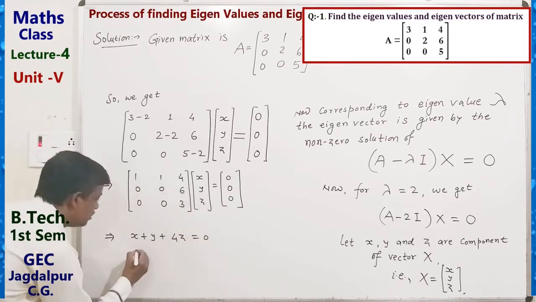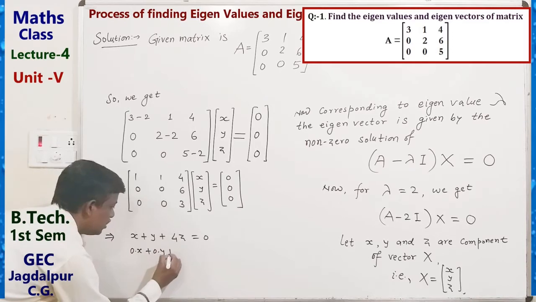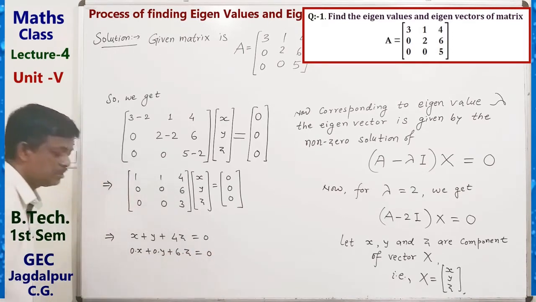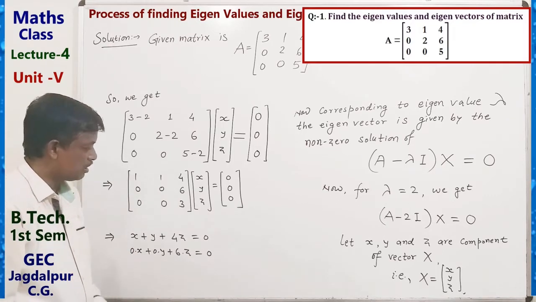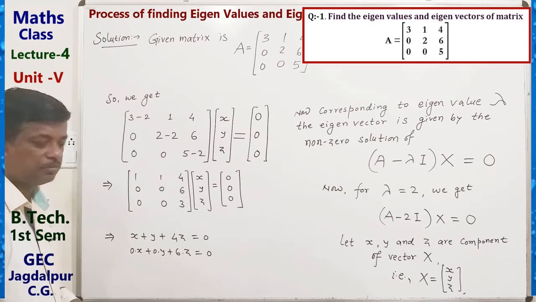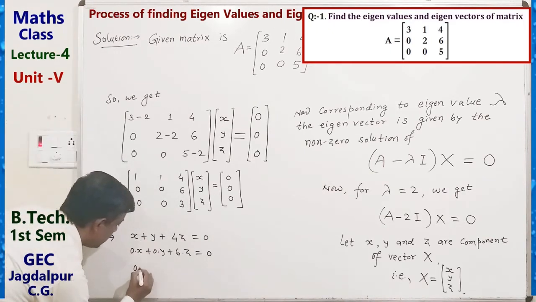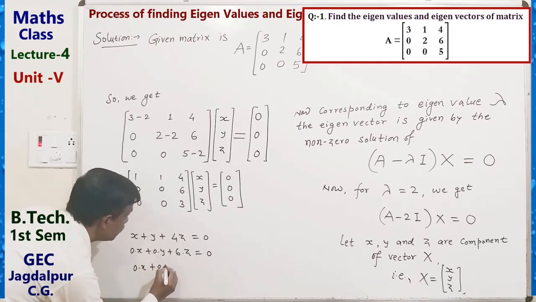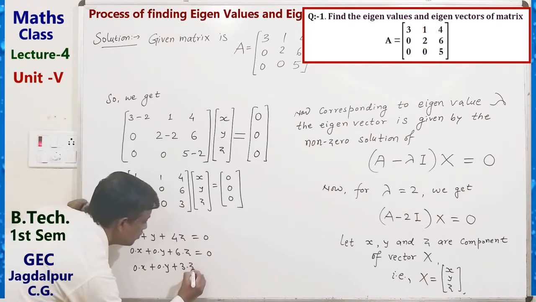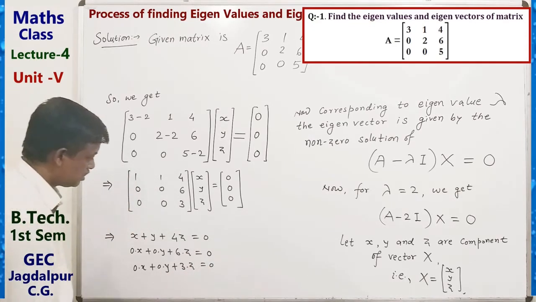Second equation: 0 into x plus 0 into y plus 6 into z equals 0. These two equations can be solved. You can write the third equation like this: 0 into y plus 3 into z. These equations are mostly the same, so just use these.